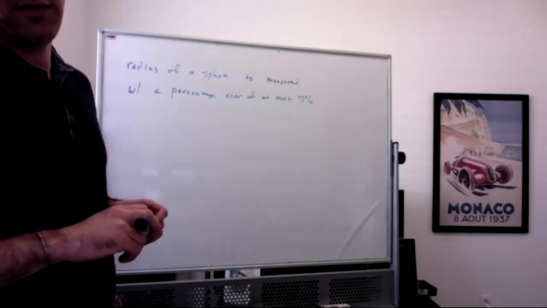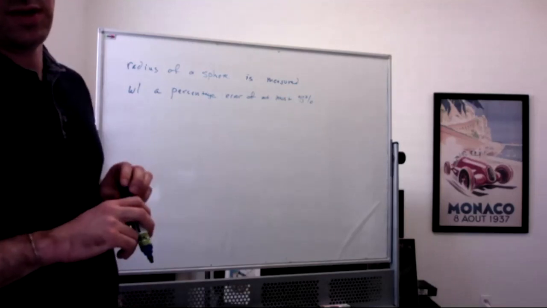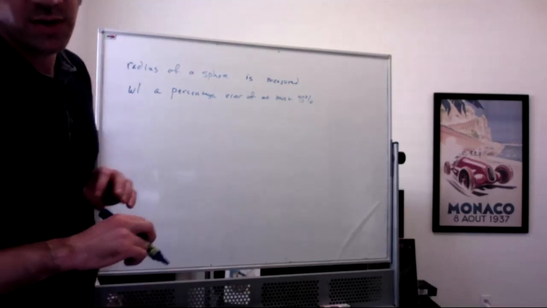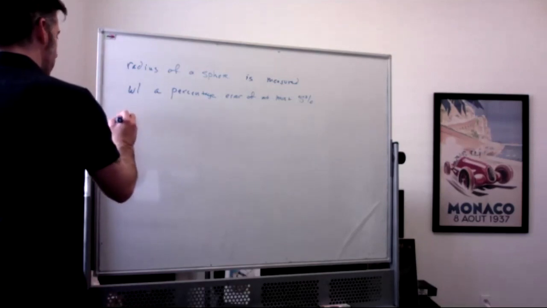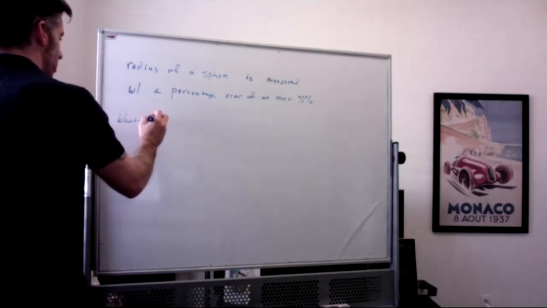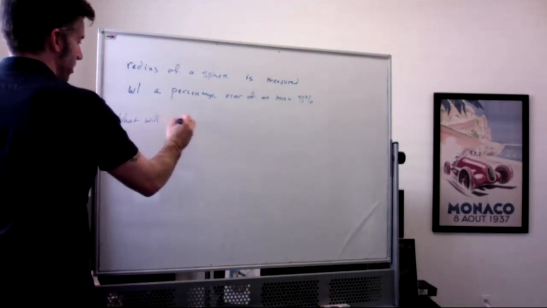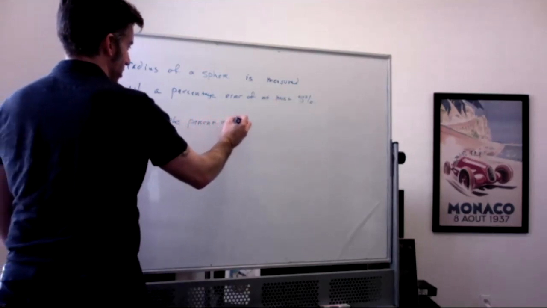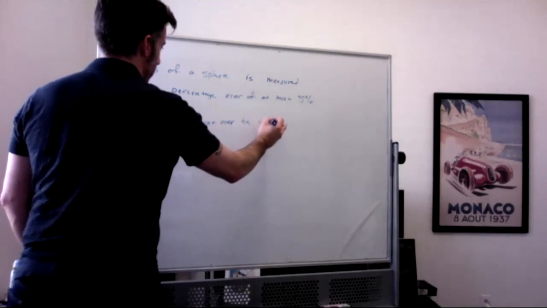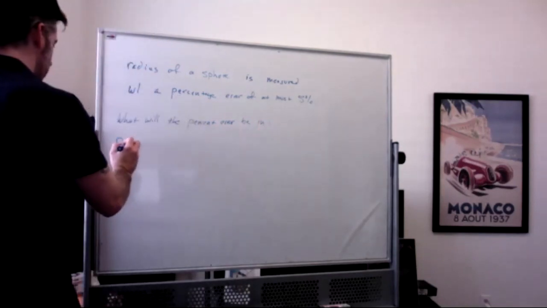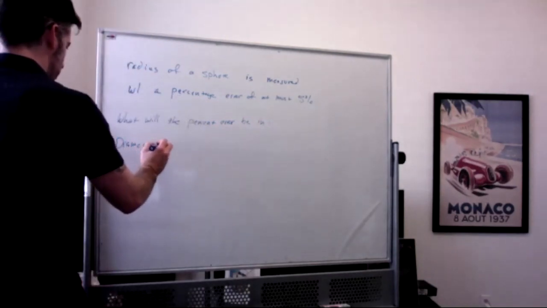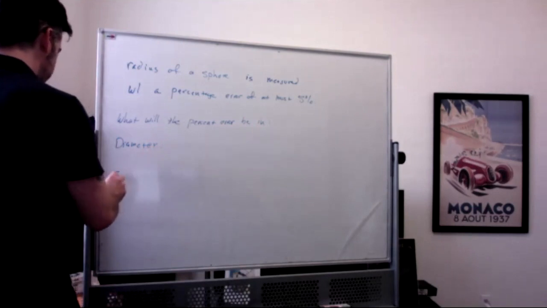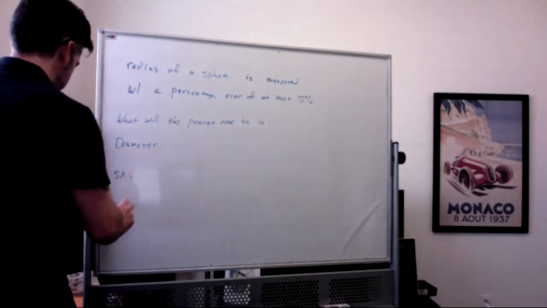How is that going to affect the percentage error when we measure the diameter? Or I should say, what will the percent error be in the diameter, the surface area, and the volume?